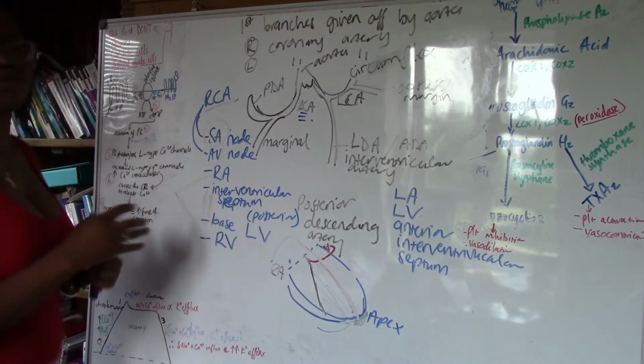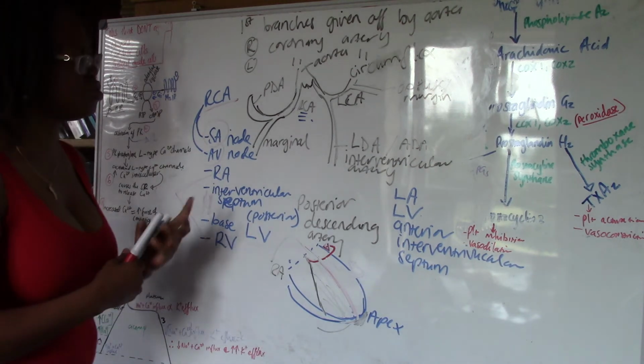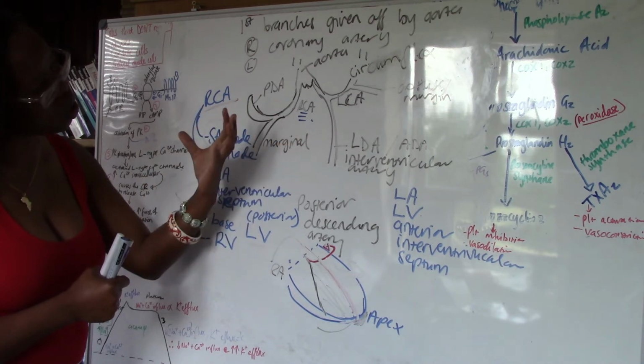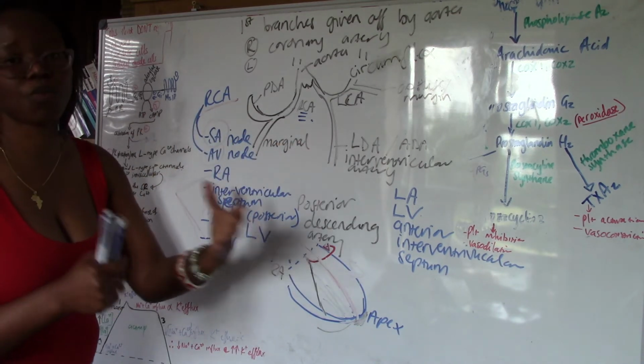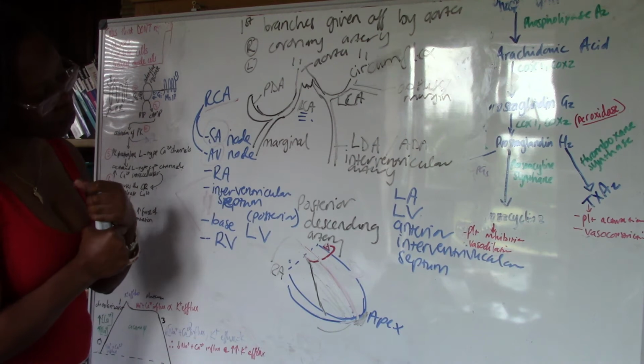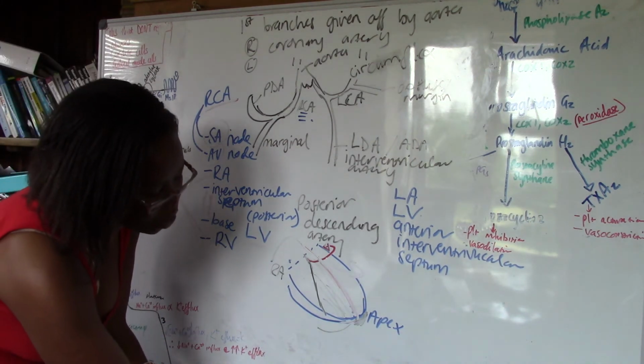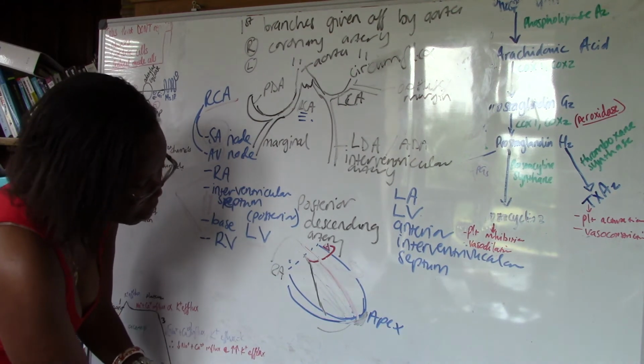So the importance of coronary arteries is usually that they let us know where the problem with the heart is, so that we can then be able to identify pathology and hopefully do something about it.